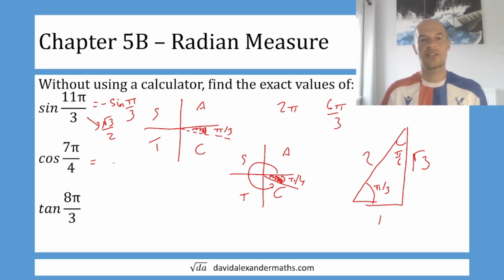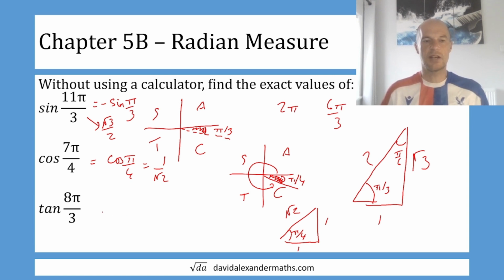So the cos of 7 pi over 4 is the same as cos of pi over 4, and we're going to use the other triangle here, which is the 1, 1, root 2. This is pi over 4. So the cos of pi over 4 is 1 over root 2, or root 2 over 2.